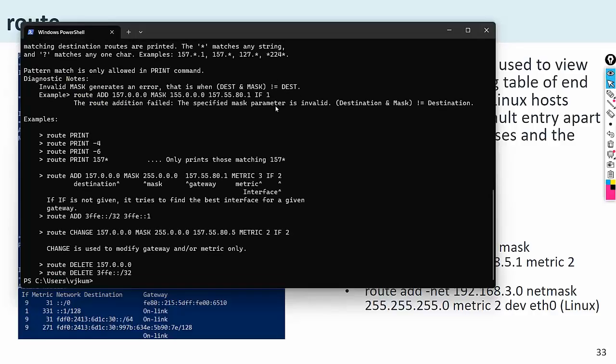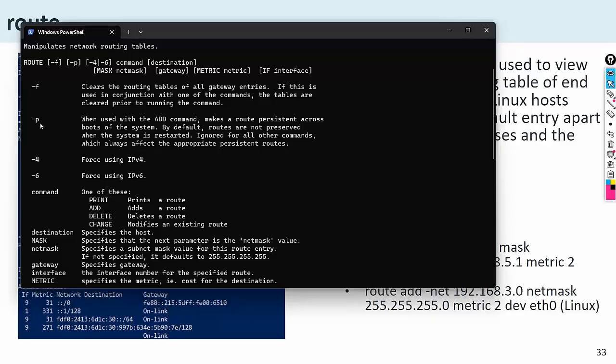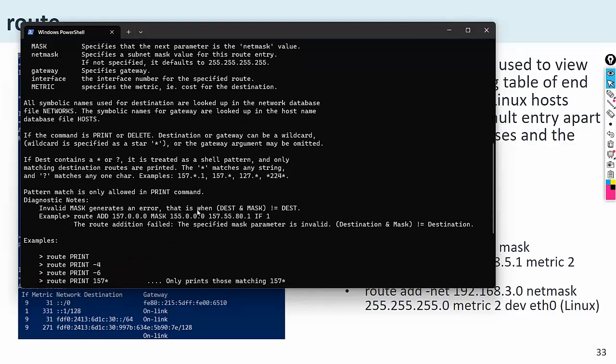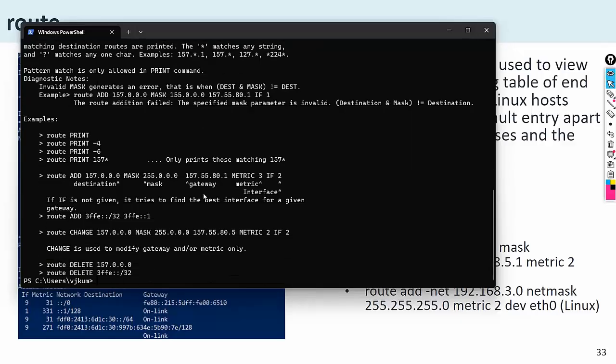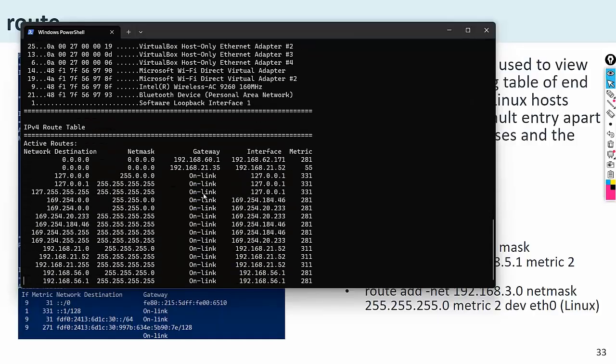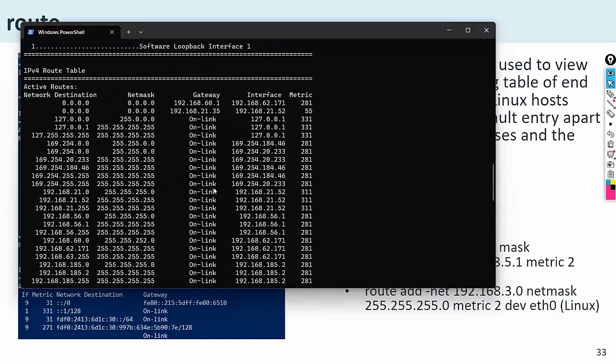When you enter it, you will see there are lots of options that can be used with the route command, -f, -p, lots of them. And if you want to check the routes, you can use the command route print. It will print the routes. So you can see lots of routes are available.